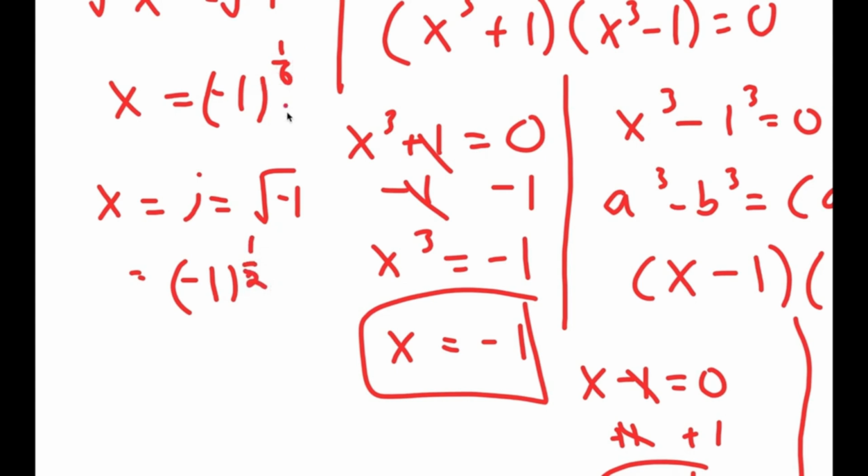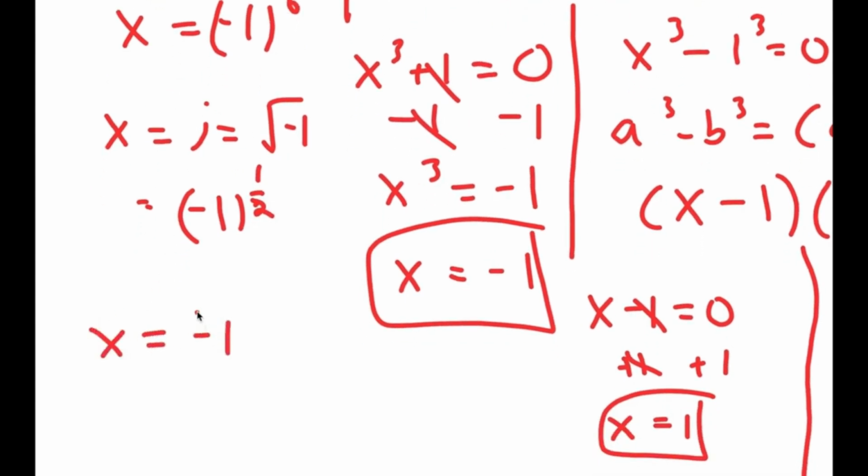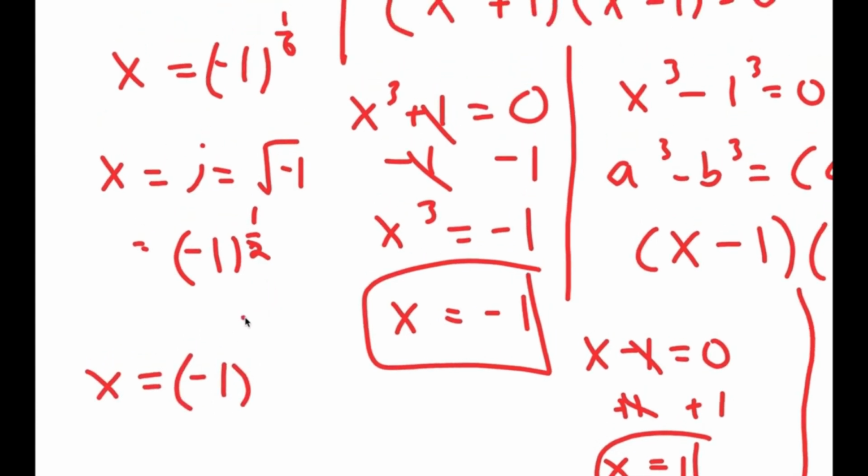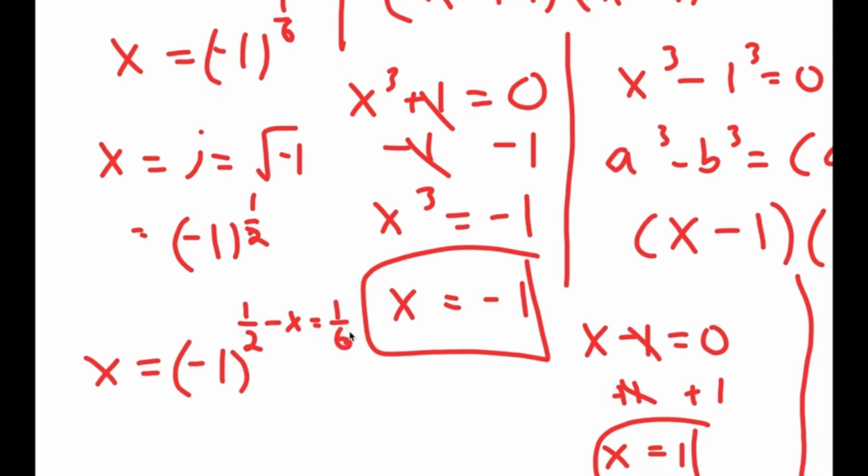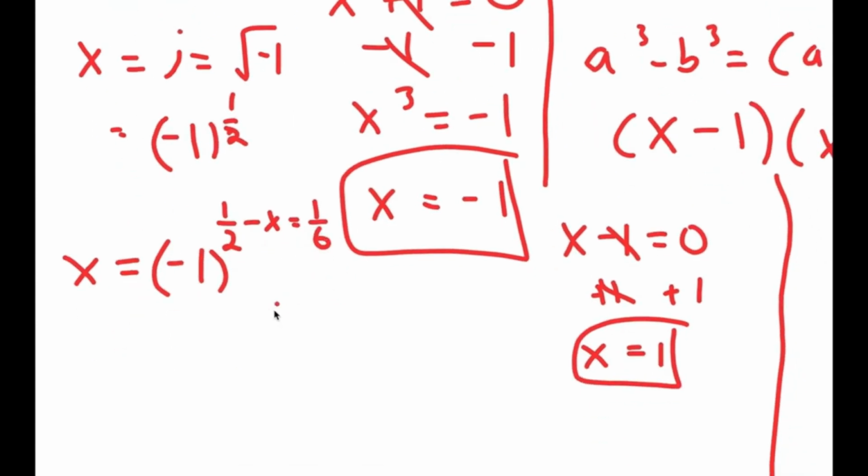So negative 1 to the power of 1 over 6 is the same thing as negative 1 to the power of 1/2 minus something. So now 1/2 minus 1 over 6 is equal to 1 over 3. So 1 over 6 plus 1 over 3 is equal to 1/2.